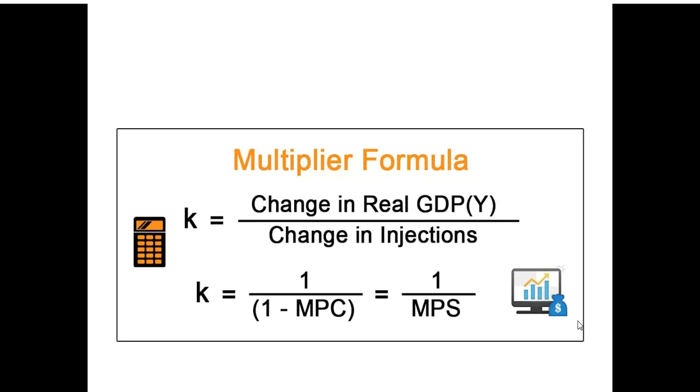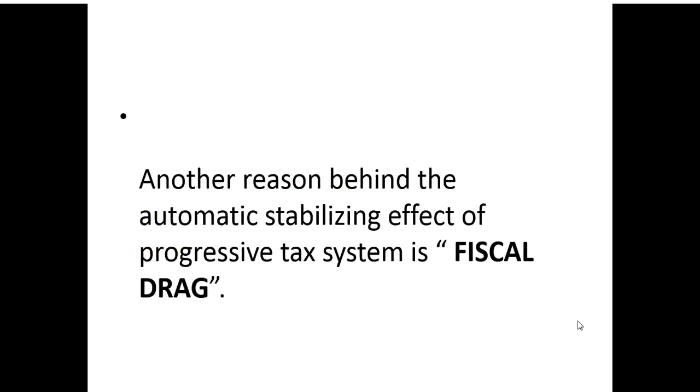Let's say more money has come into the system, there has been an injection into the system, now people have more money in their pockets. But what happens is that the tax takes those injections away from the pockets of the people. It becomes a leakage.